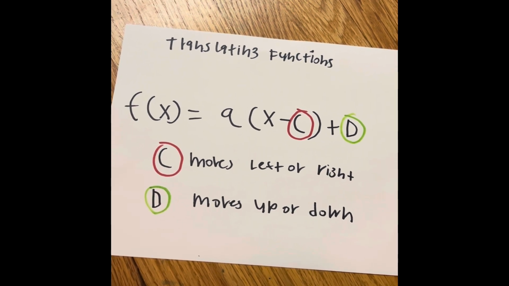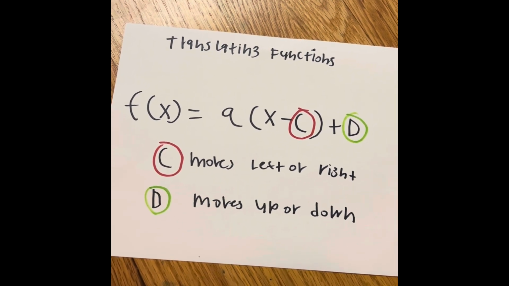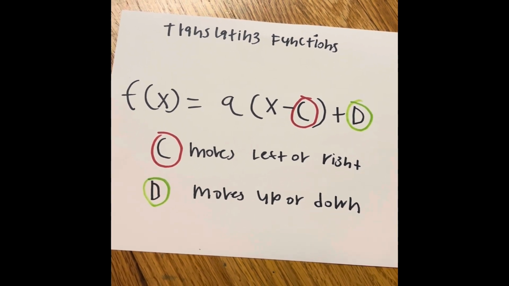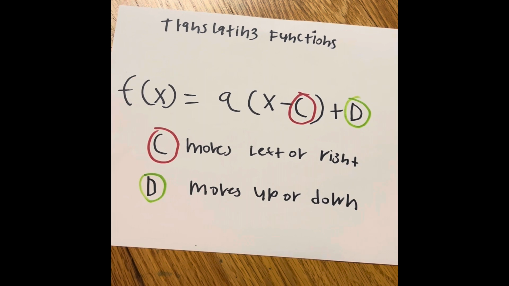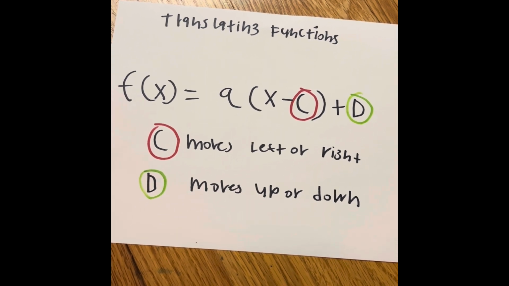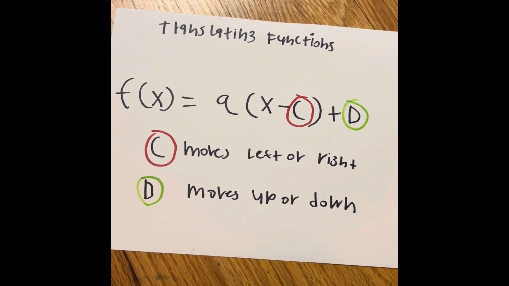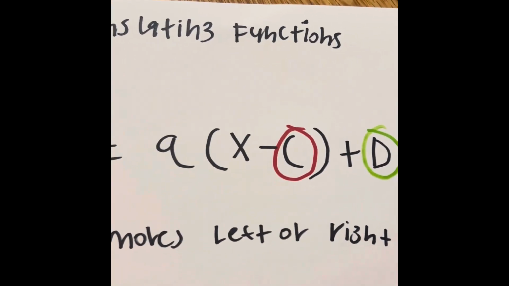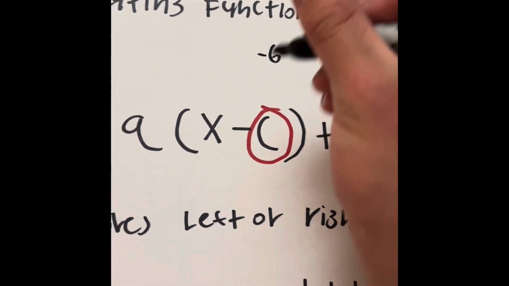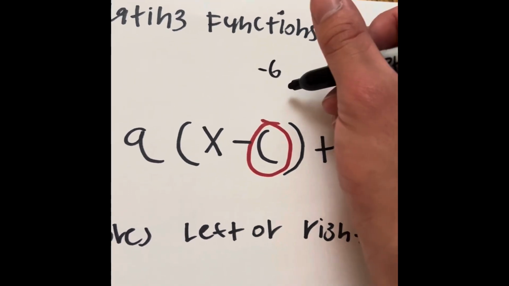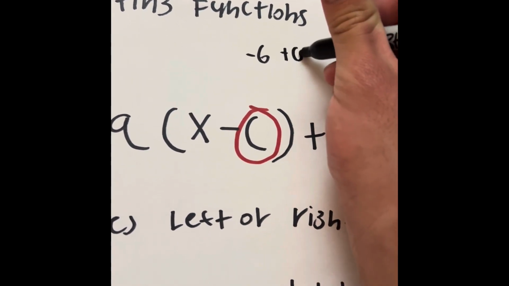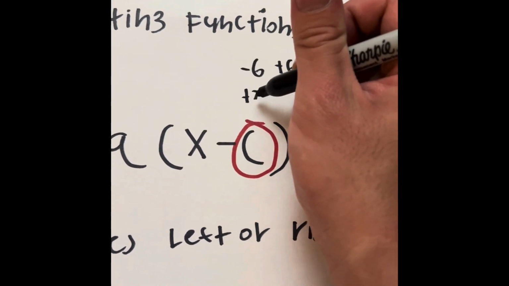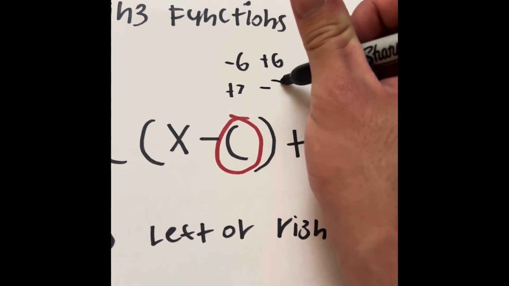What you put in the c value moves the graph left and right, and whatever you put in d moves it up and down. But whatever you put in c is going to be the opposite. If you say negative 6, it's actually going to be a positive 6. If we have a positive 7, it's going to be a negative 7.